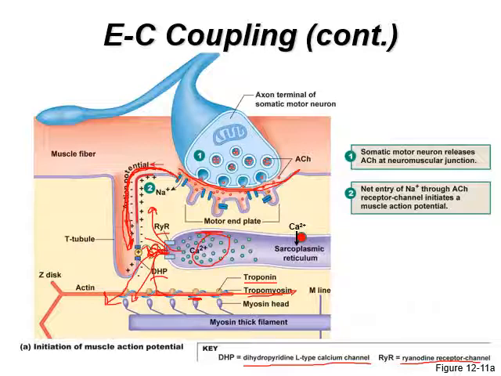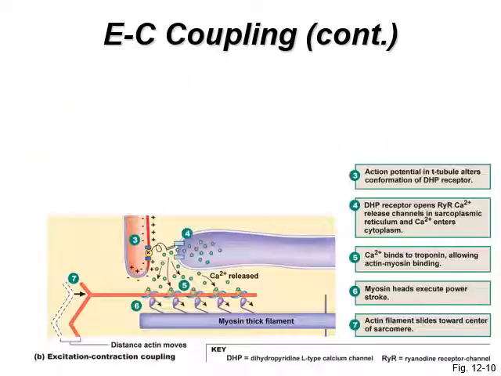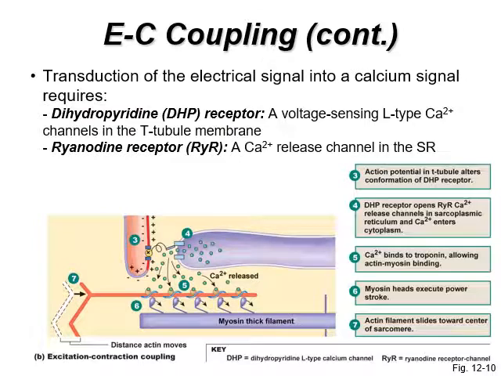Okay, so calcium's the cue for our contraction, and this is how we get it, through this EC coupling, because calcium is going to bind to troponin, move tropomyosin, and now the myosin head can bind to actin. So just a closer look at what's happening at the EC coupling.